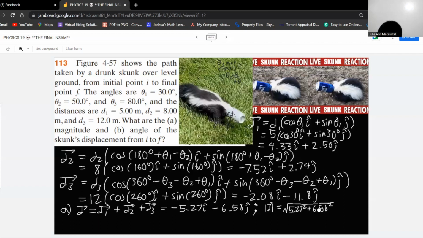And then the sine gives negative 6.58. Wait, what quadrant is that?